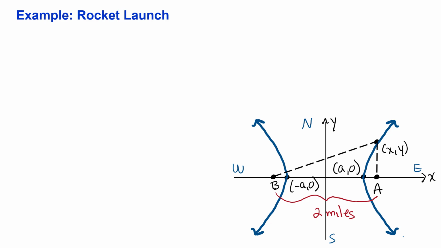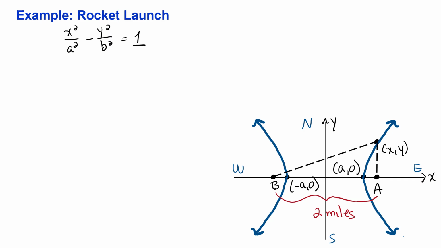Since we oriented the hyperbola so that the center is the origin and the x-axis is the transverse axis, then the general equation has the form x squared divided by a squared minus y squared divided by b squared equals 1. And in order to find the equation, we need the values of a squared and b squared.